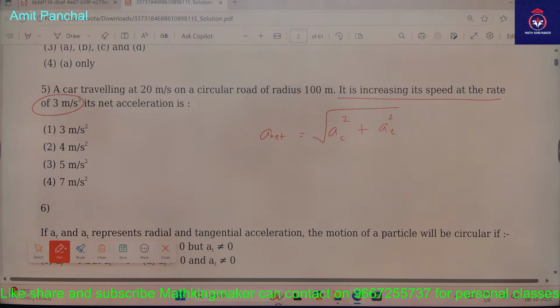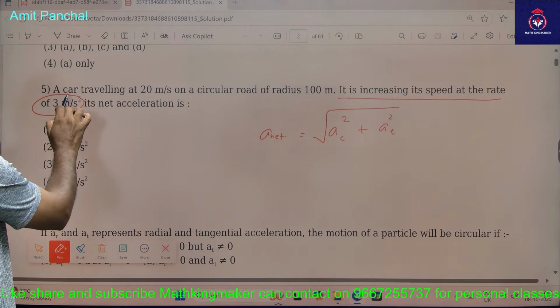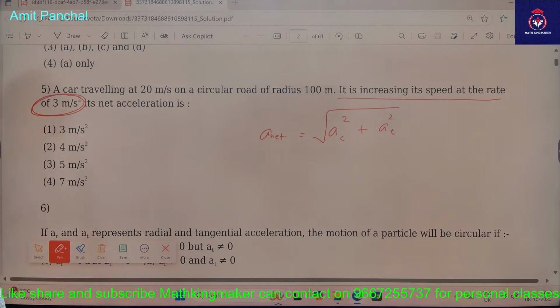Actually, how do you know if it's the tangential acceleration or the centripetal acceleration?